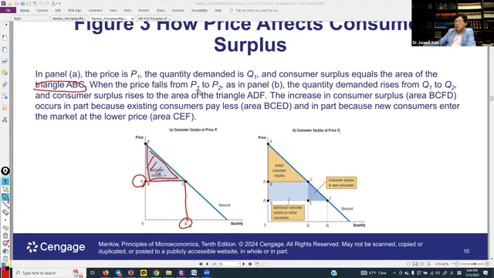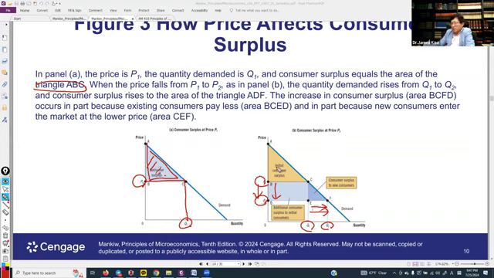When the price falls from P1 to P2, the quantity demanded rises from Q1 to Q2. Price down, quantity increases. Consumer surplus rises to the area of triangle ADF.